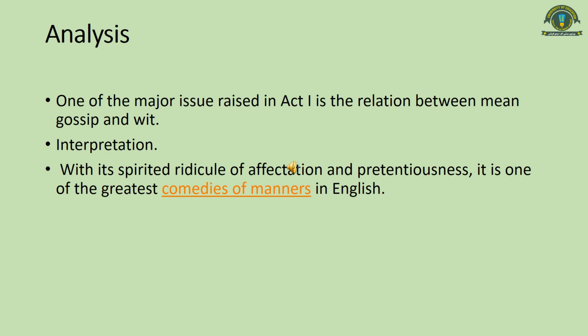As the scene concludes, we see that Lady Sneerwell invites Joseph to stay for dinner, so that whatever the intention she has in her mind, she in fact wants to discuss all the things with Joseph.